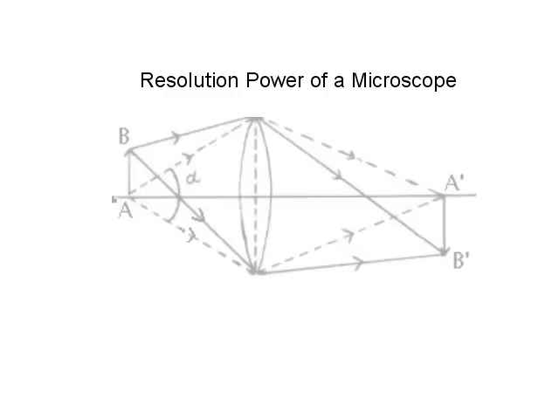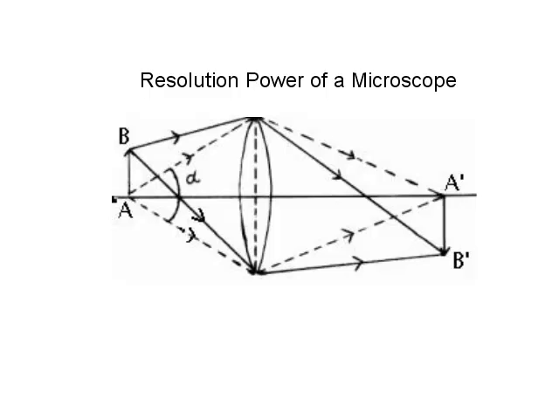Now, resolving power of a microscope is the minimum distance between the two close objects so that their images are separated. Let us calculate resolving power of a microscope. The minimum distance between the two close objects so that their images are separated is called limit of resolution of a microscope.